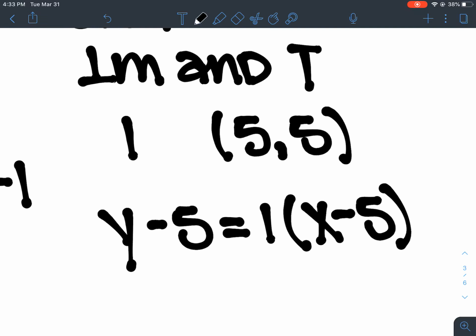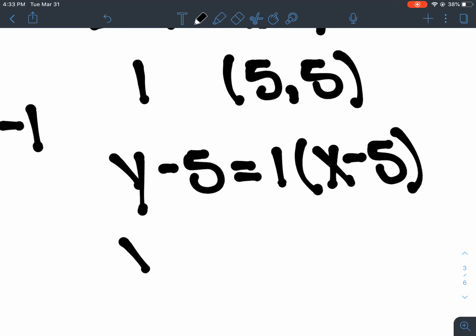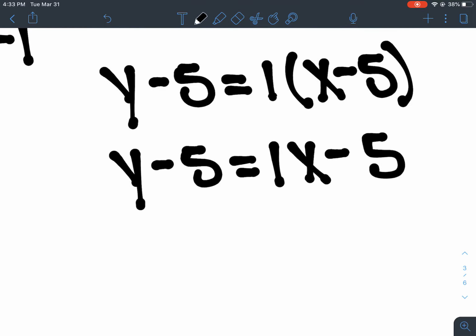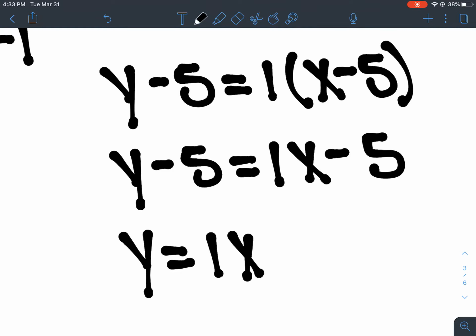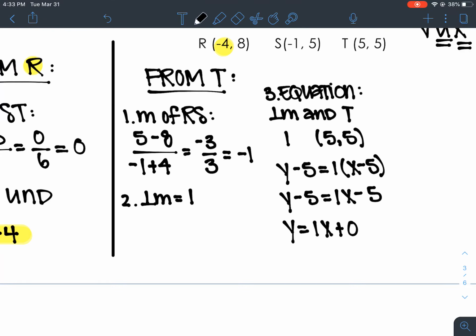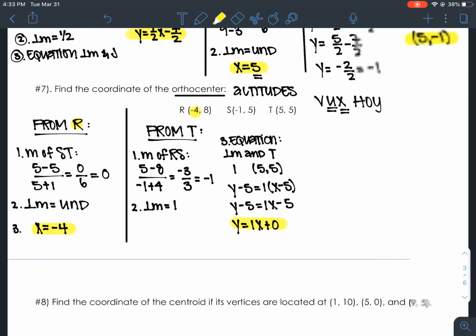I'm going to distribute through, and I'm going to get y minus 5 is equal to 1x minus 5. Adding that 5 over, I'm going to get y is equal to 1x plus 0, technically. And you don't need to have that plus 0. You could just have y is equal to x if you wanted to.